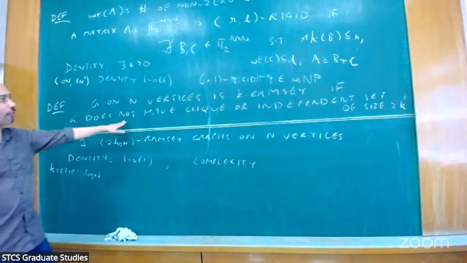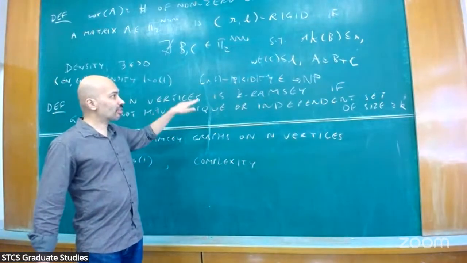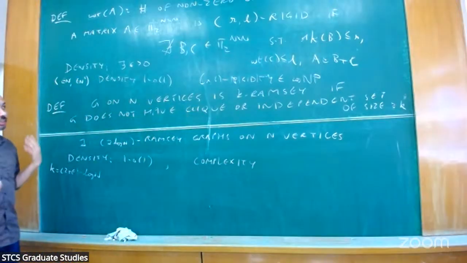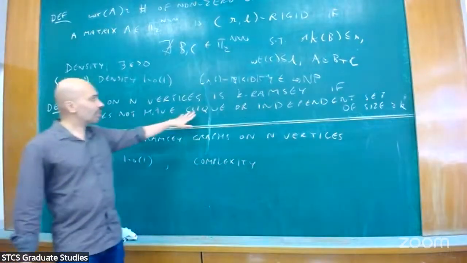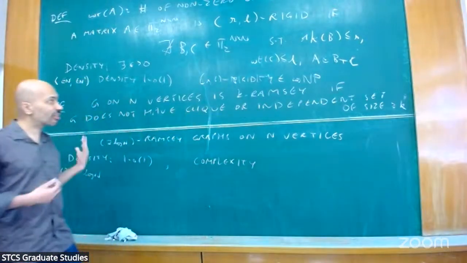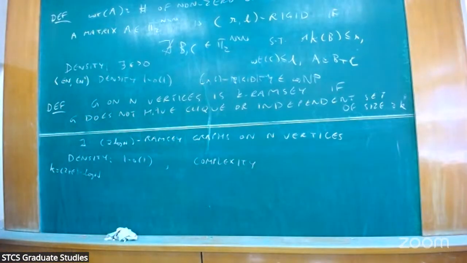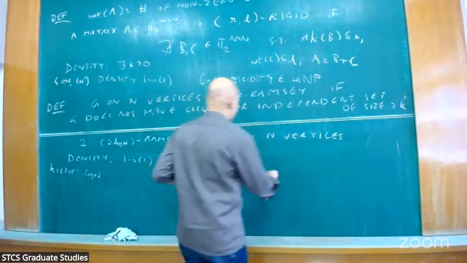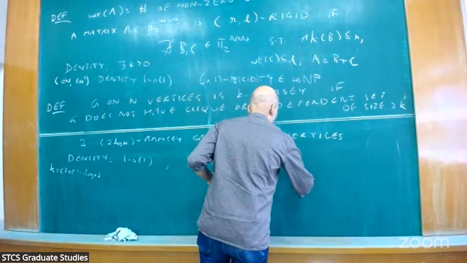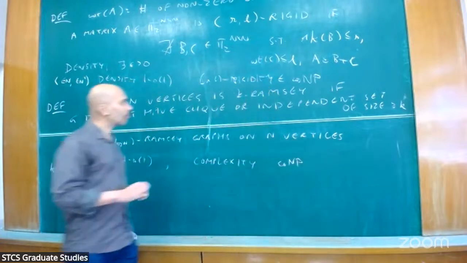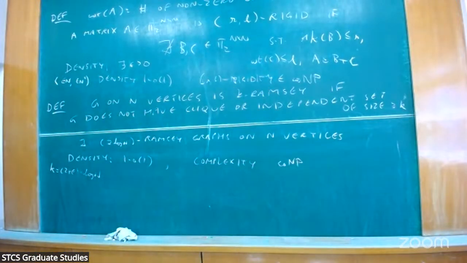You just need to check for all vertex sets of size at most log n that the vertex set is not an induced clique or independent set. So for every subset of vertices of G, it's not a clique or an independent set. So that's a co-NP check again. So this is again in co-NP. Is that clear?